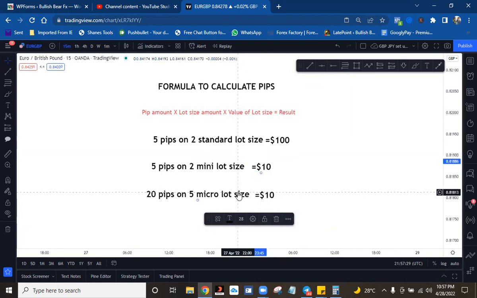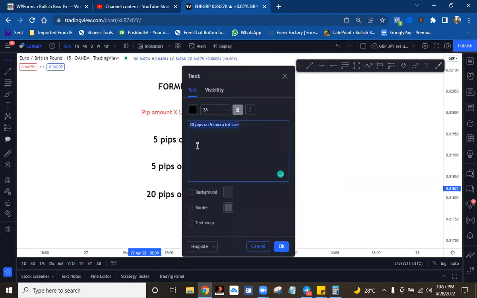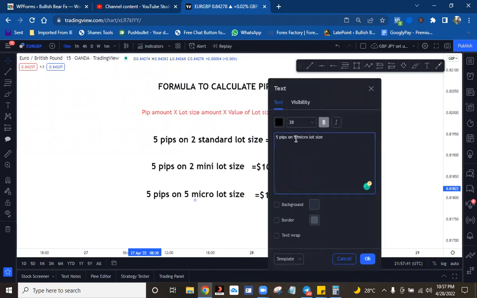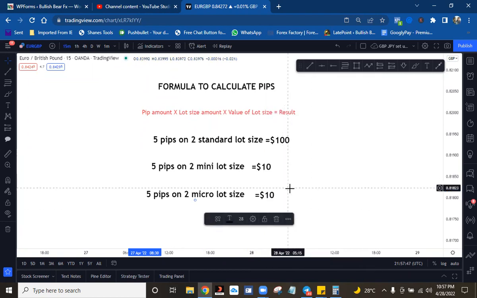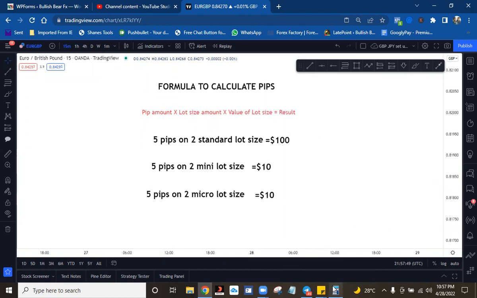For the micro, let's do the same thing. We're risking 5 pips also, and we're using 2 micro lots. How much will I make or risk at the end of the day?